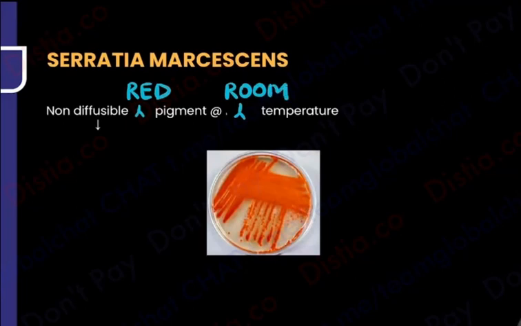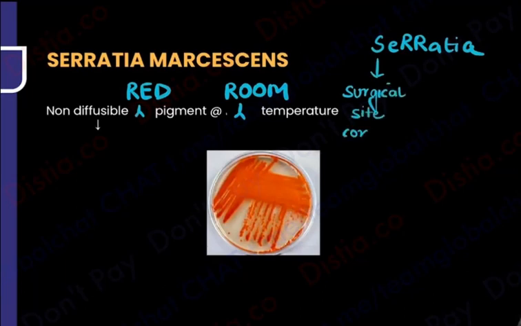What did I say? Now you can write Serratia easily. What is Serratia, guys? S is going to cause many of the surgical site contaminations. That could include IV cannulas, solutions, surgical instruments. Then it is going to produce a red color pigment at room temperature. And where do you see the red color pigment?